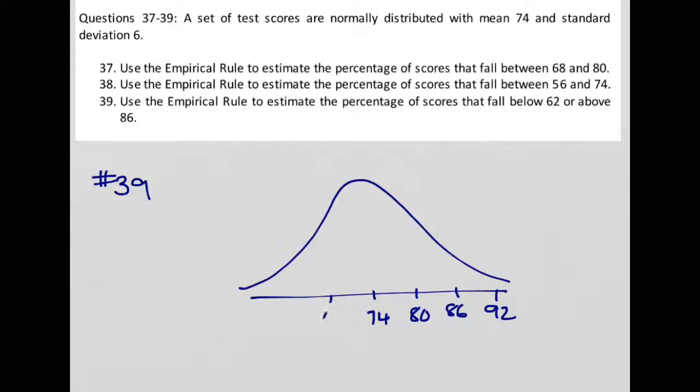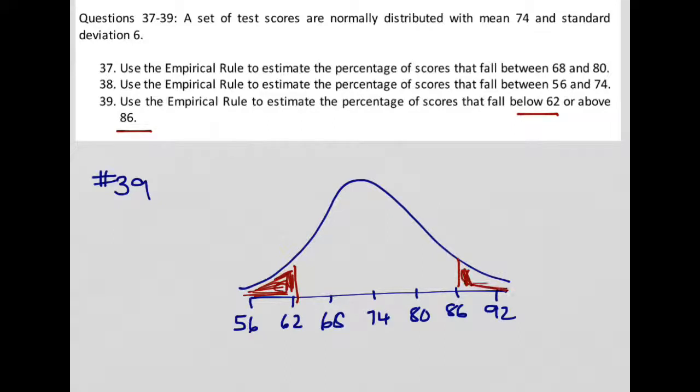Okay, so I've got my distribution again. Now we're looking to find the percentage of scores that fall below 62, so here's 62, or above 86, and here's 86. So now we're not looking for the middle, we're looking for what's in the tails.